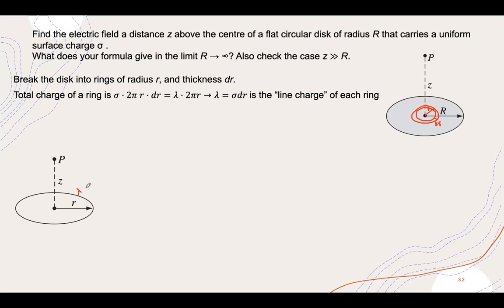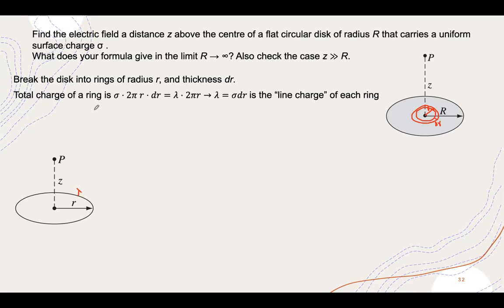So how are we going to find the area of this ring with thickness dr? We know 2 pi r is the perimeter and the thickness is dr, so multiplying them, the area is easily recognizable.